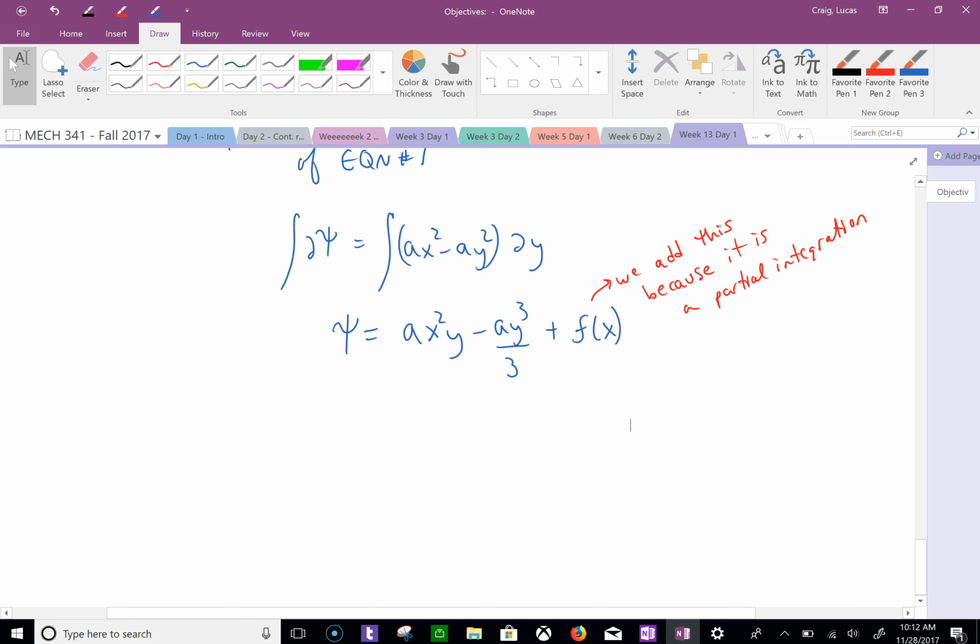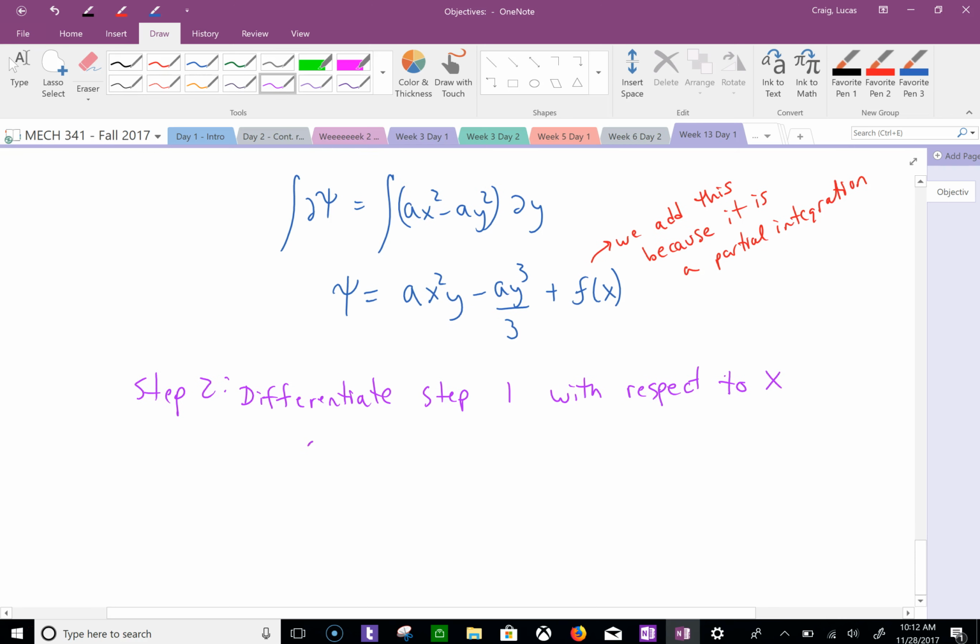Okay, step 2. We're going to differentiate step 1 with respect to x. So let's see how well your partial with respect to x of that one is.